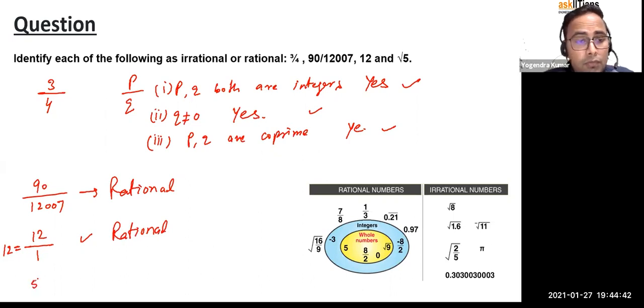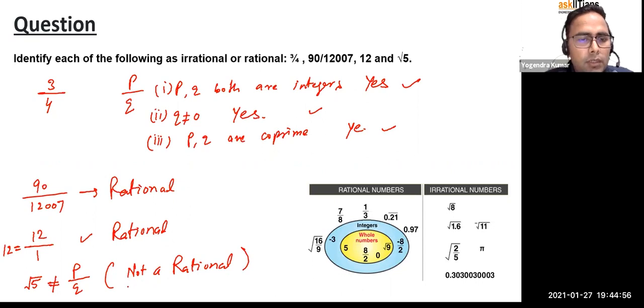What about root 5? Root 5 is not equivalent to p by q form. So it is irrational. By the way, you need to remember one more point. What do we say?